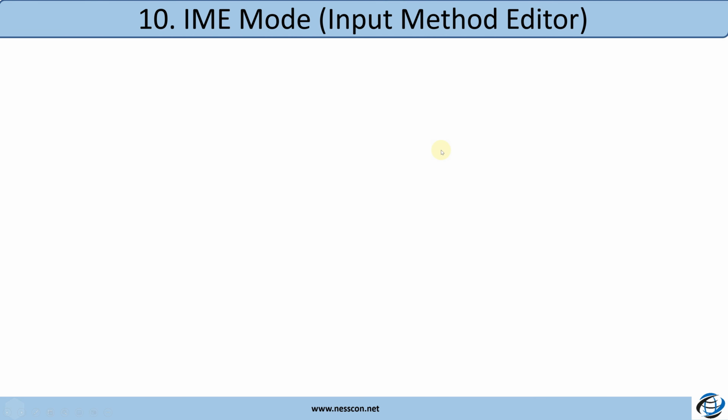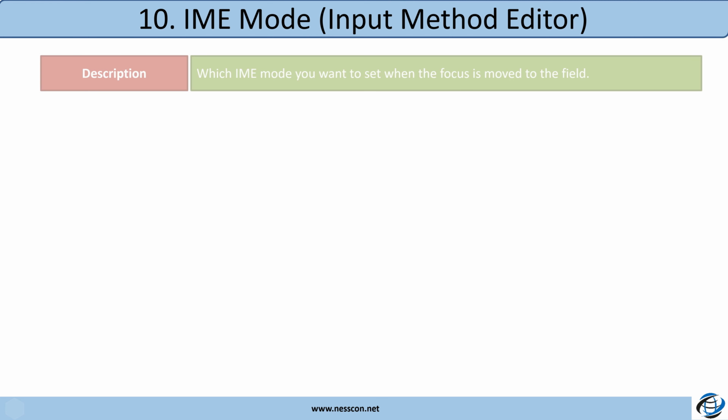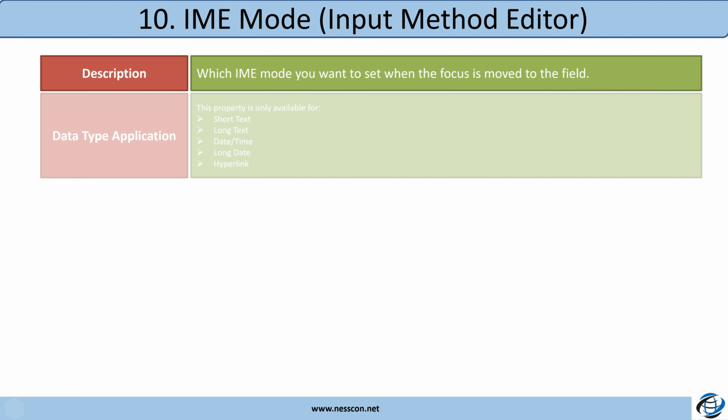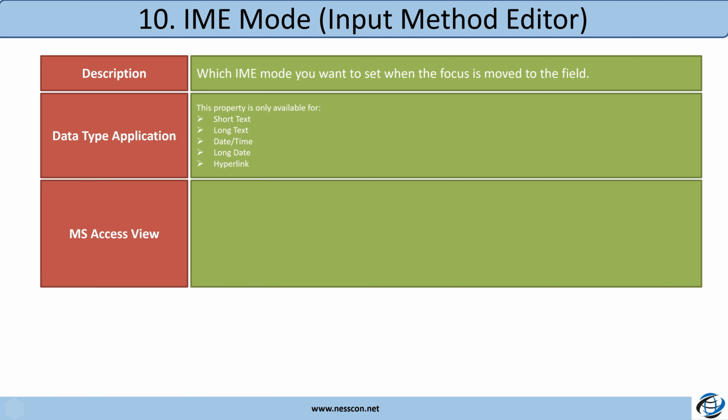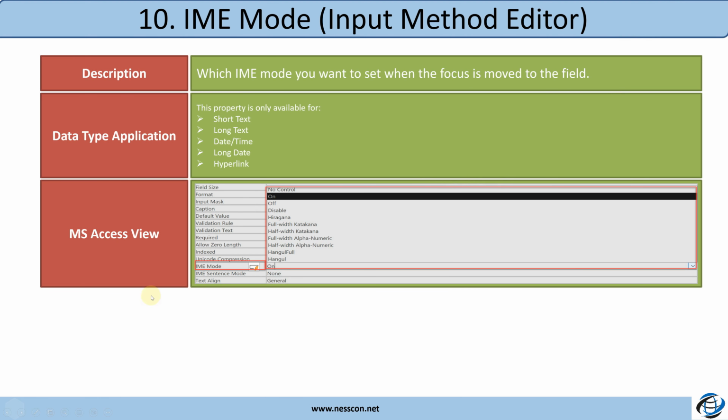The next property we are going to learn is IME mode, that is input method editor. The description says which IME mode you want to set when focus is moved to the field. This property is only available for short text, long text, date time, long date, and hyperlink. This is how the Access view looks like, IME mode, and these are the drop down options for this IME mode.